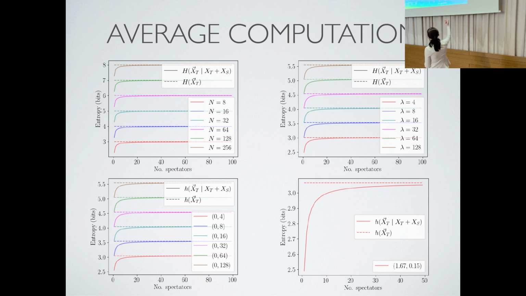You see the top line is the initial entropy of the target prior to participation, and this curved line is the remaining entropy after participation based on the adversarial view, and the scale here is the number of spectators. As you increase the number of participants, the gap between the original and the remaining shrinks very quickly.